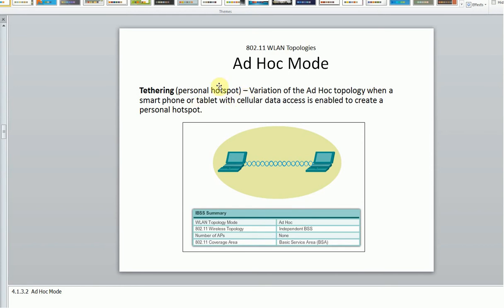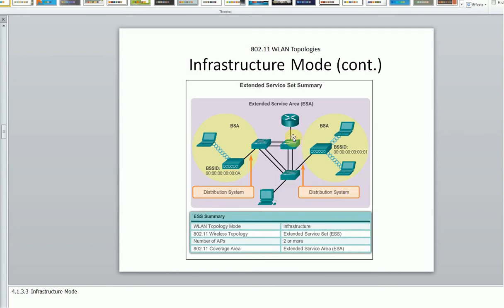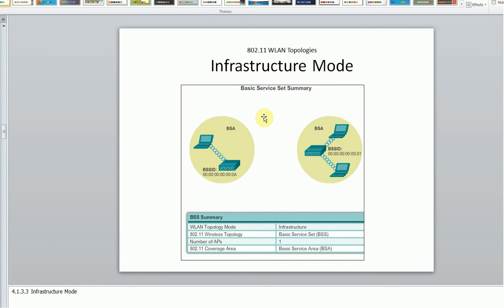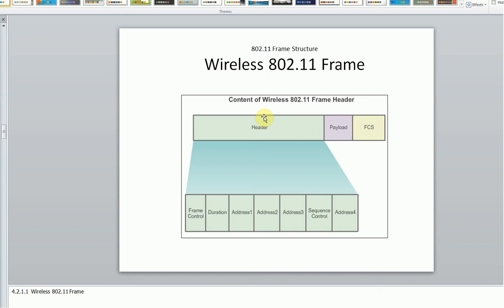Ad hoc mode is basically creating a hotspot on a laptop and tethering, and in infrastructure mode we call it a basic service set. This is the topology we create in infrastructure mode. We have two types, BSS and ESS. These are the basic topology structures in wireless.